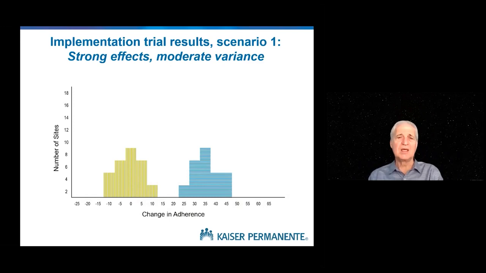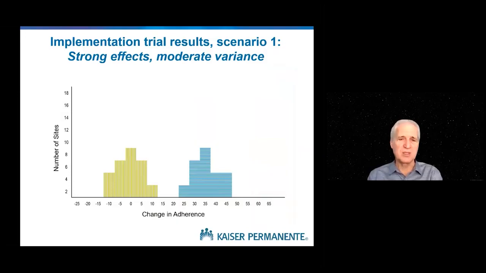So this is a pattern of results from a hypothetical implementation study that I don't know has ever been seen in publication, where our blue intervention group shows very significant improvement in adherence, for example, to an evidence-based clinical practice guideline, whereas the yellow or light green control group shows no change in adherence on average.